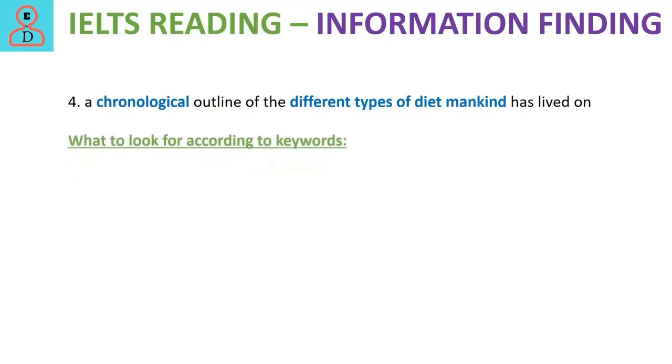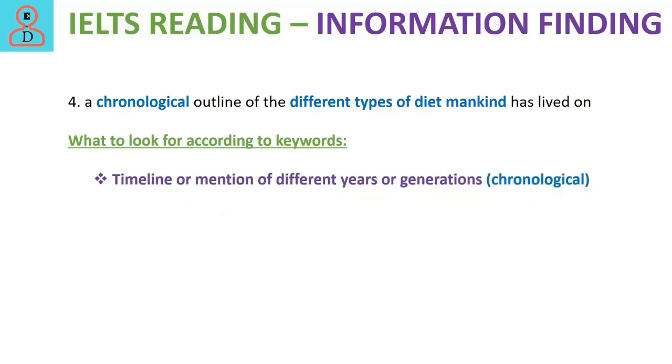Now remember, whenever the word chronological is mentioned, it means that there is a timeline or an activity that has happened over a different number of years, because chronology means things happening in an order of time.